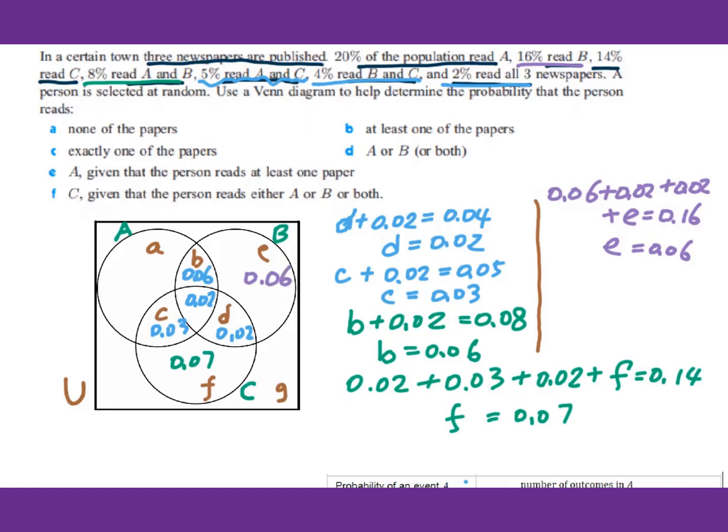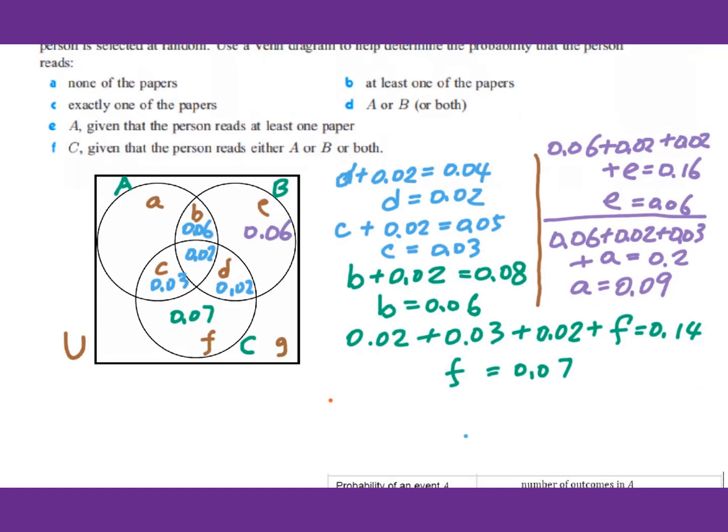In the same way we can figure out A. 20% read A, so 0.06 plus 0.02 plus 0.03 plus A equals 0.2. So A equals 0.09.